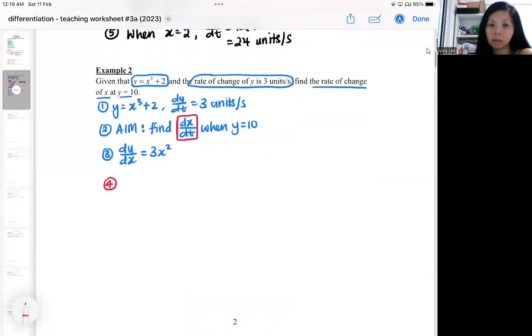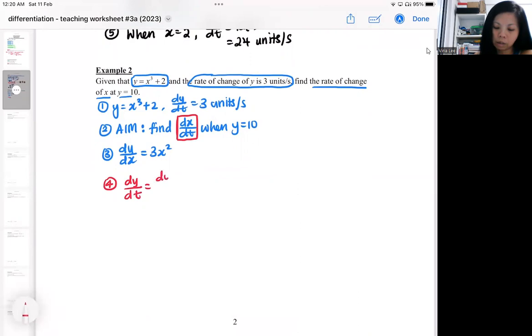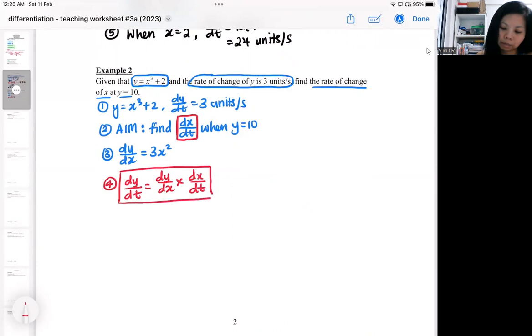So we can get dx dt by using the generic formula. Just now I showed a generic formula: dy dt is equal to dy dx times dx dt. So you can see it as a generic formula, or you come up with your own formula.